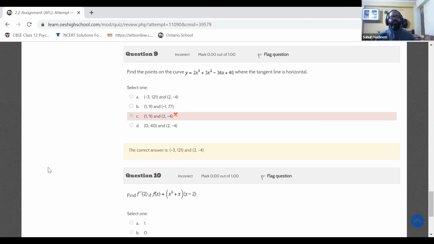So if you see option A, only in option A, the x coordinates are 2 and minus 3. So you can just tick option A. But if you want to confirm that the y coordinate is also correct, then you put x equal to 2 in the curve and get the y coordinate, and x equal to minus 3 in the curve and get the y coordinate. Is it okay? Yeah.